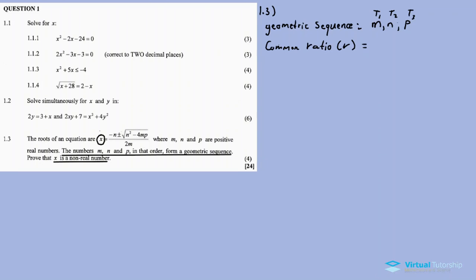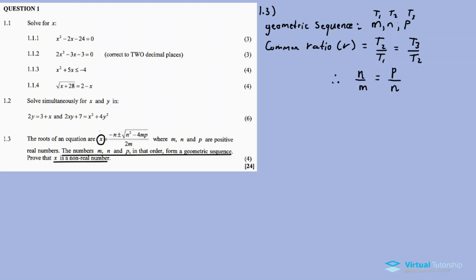We calculate a common ratio as T2 divided by T1, or T3 over T2. So we divide T2 by T1, and T3 by T2, and the common ratios are equal to each other. Therefore T2 is n, T1 is m, T3 is p.